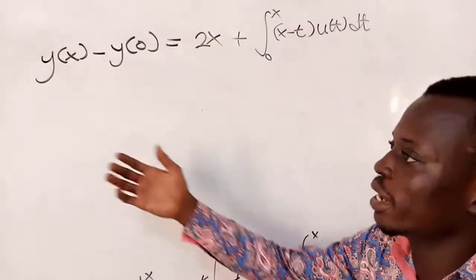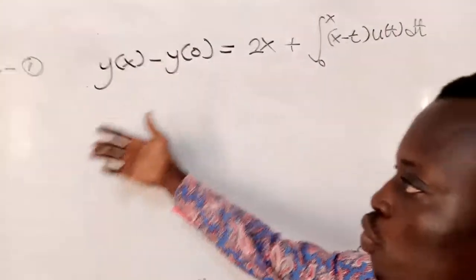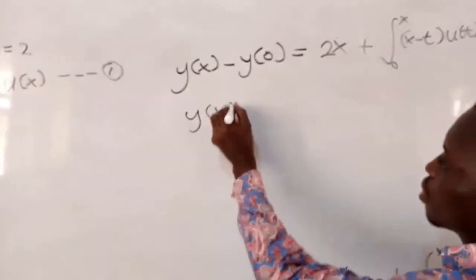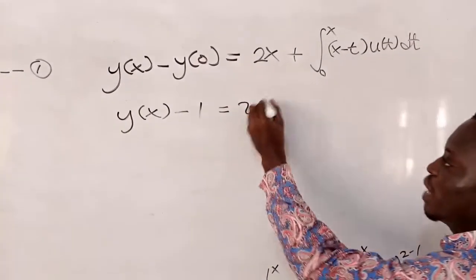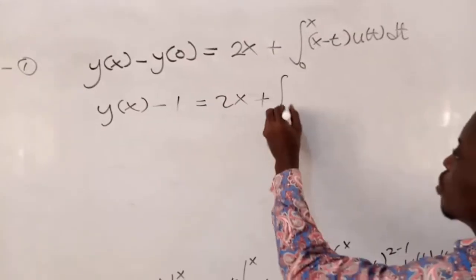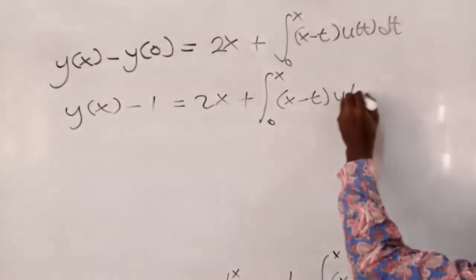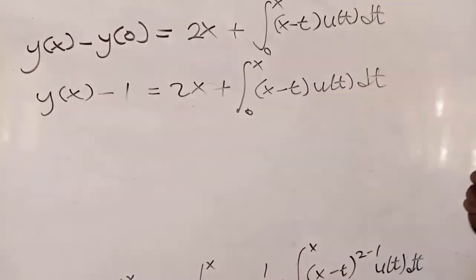And from the initial conditions, we have y of 0 equal to 1. So let's substitute y of 0 here. We're going to have y of s minus 1 equal to 2s plus the integral from 0 to s of (s minus t) u of t dt.